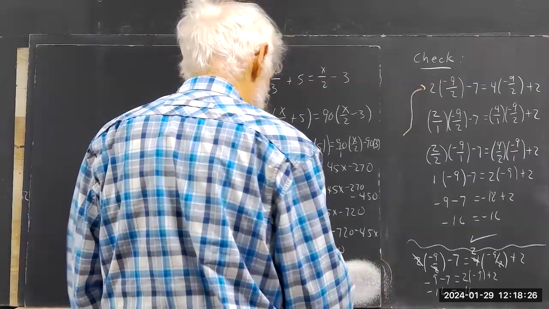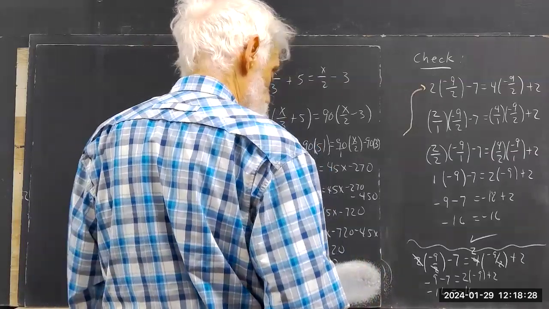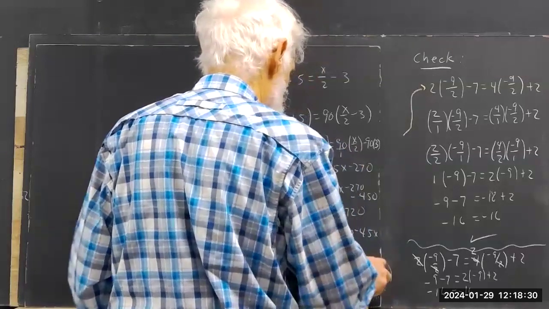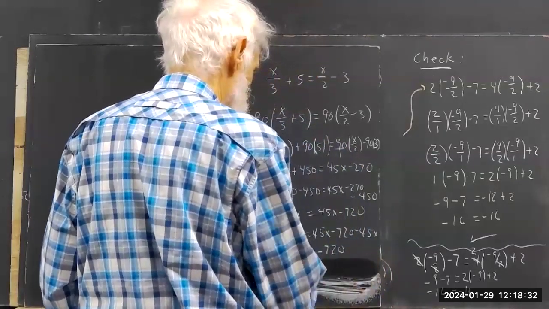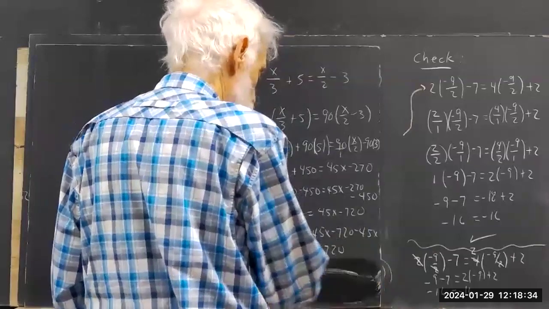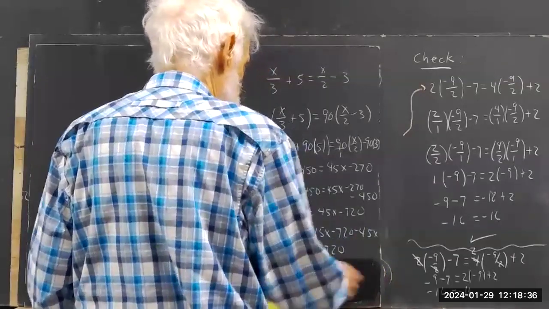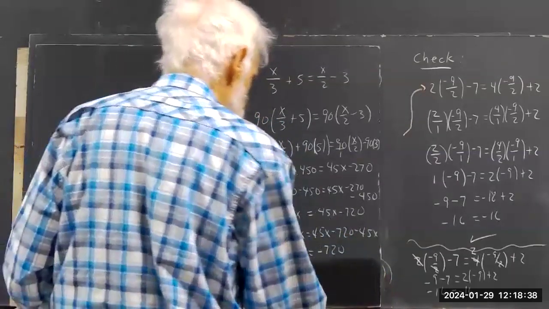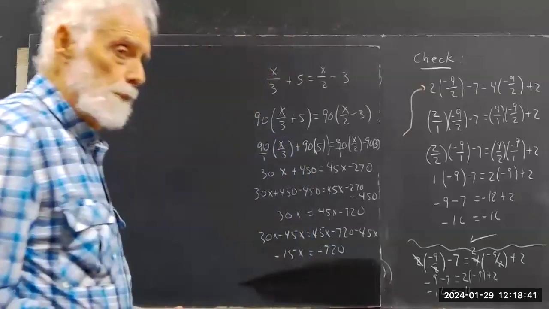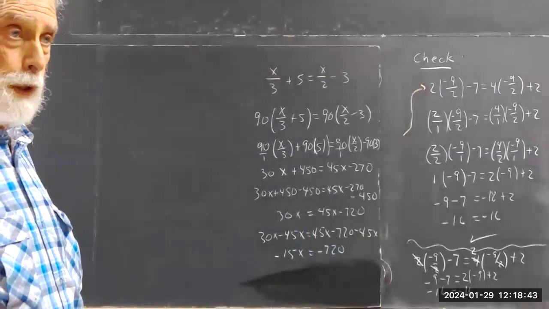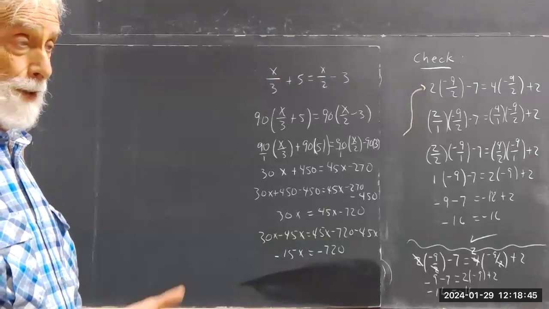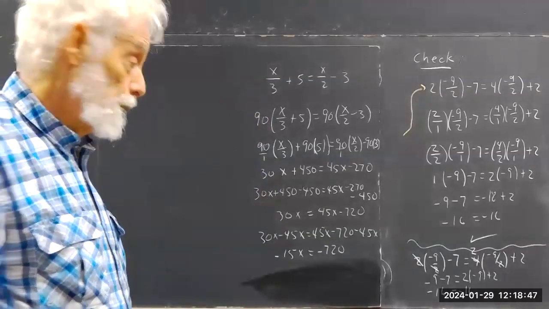So I'm going to wipe that out. I skipped a step. And I demonstrated why you shouldn't skip steps. I was busy talking and I didn't notice the negative sign of the 15.